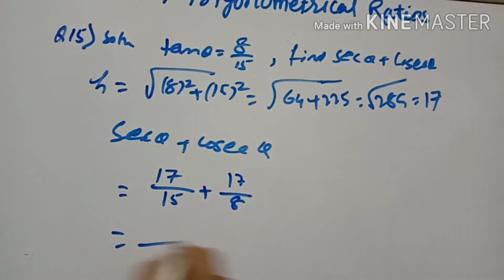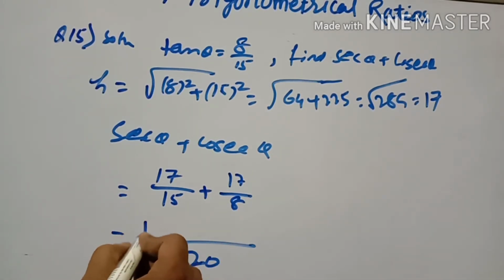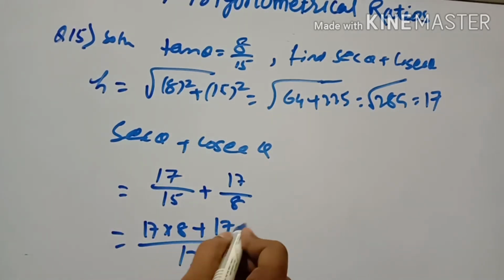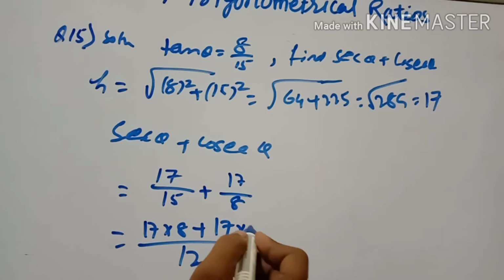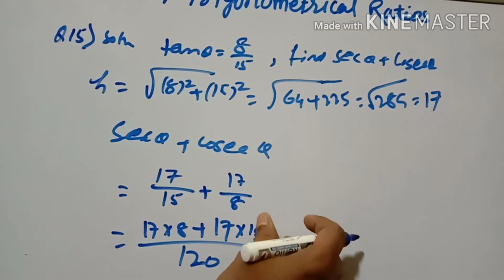The LCM will be 120. I can write 17 into 8 plus 17 into 15. Up to here you write down.